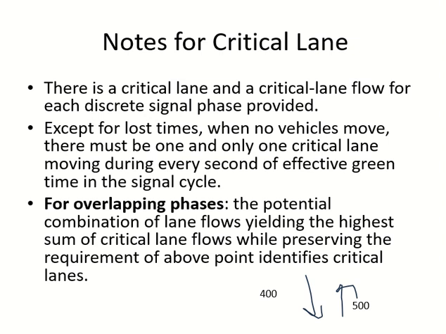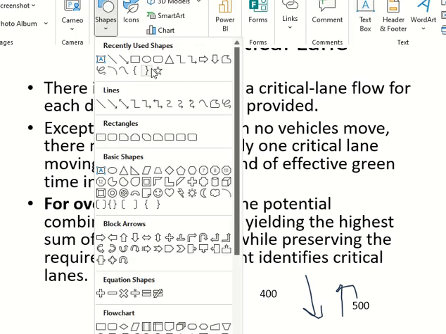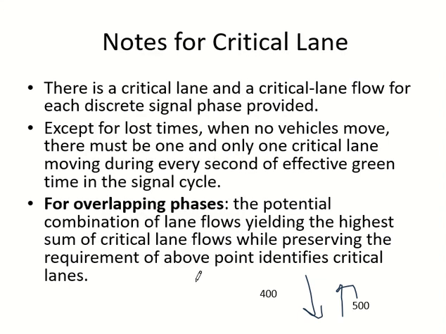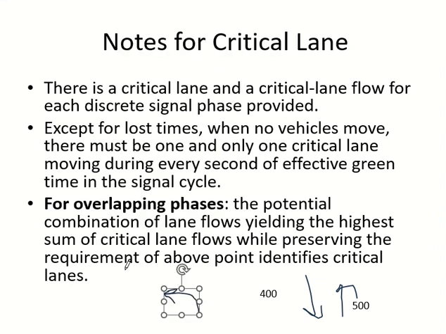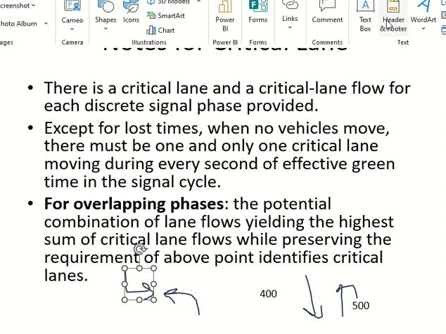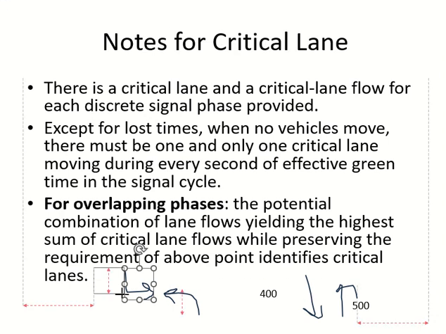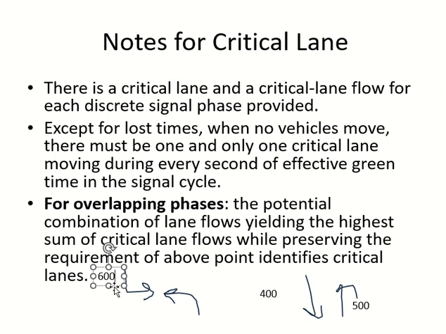And then I have two left turnings as well, and their volume is, let's say, 600 here and 500 here. So I have options. I can go for this overlapping or this overlapping.